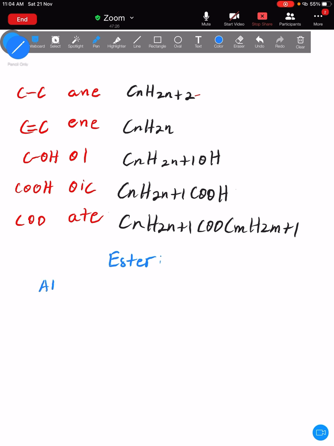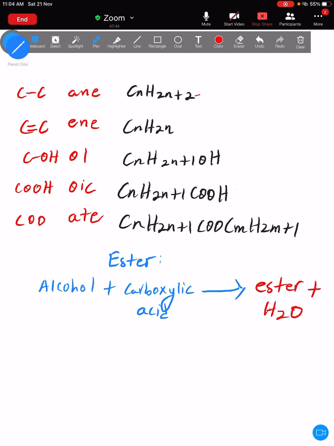Okay, very good. Alcohol plus carboxylic acid will produce ester and water.